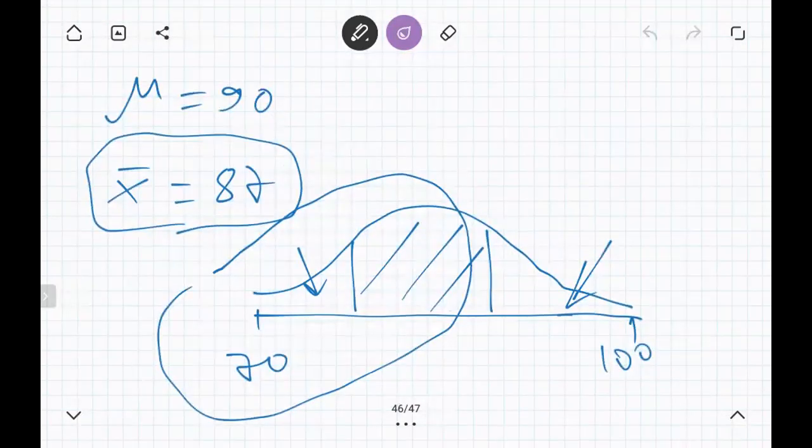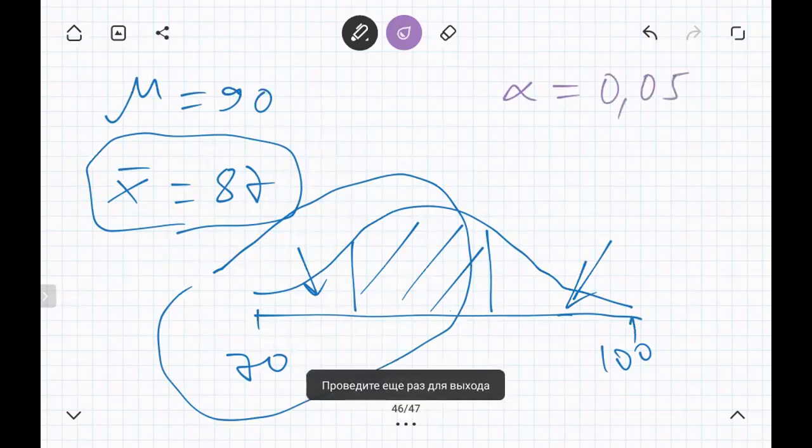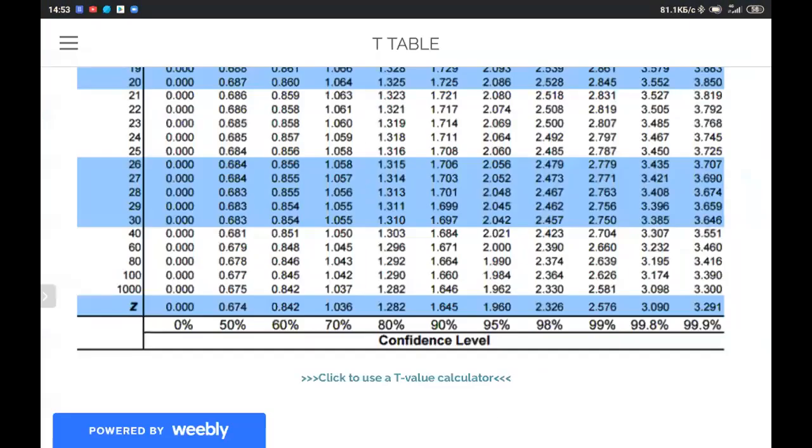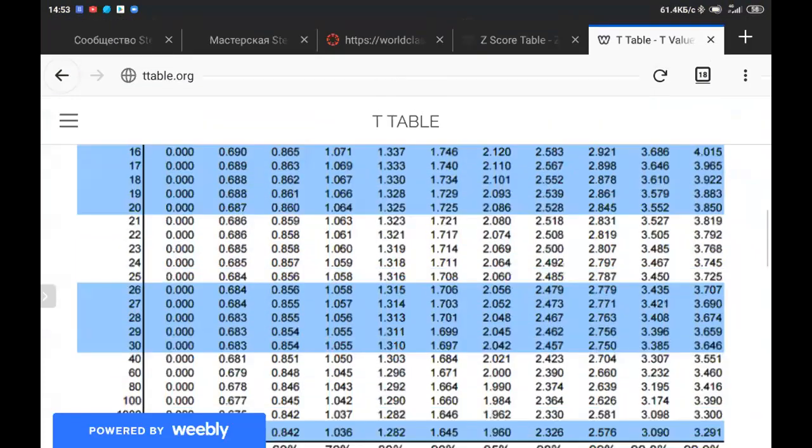So just to illustrate that, let's do the same thing, the test for the same data, but with a significance of 5%. Maybe our decision will change, maybe it won't, we will see. So I need 5%, 2 tails.